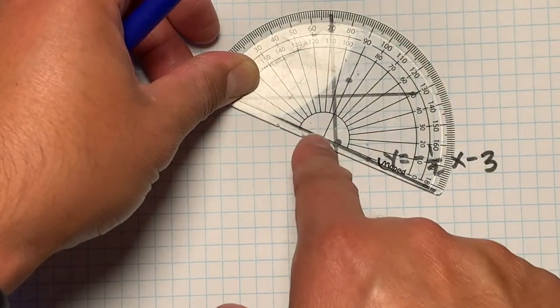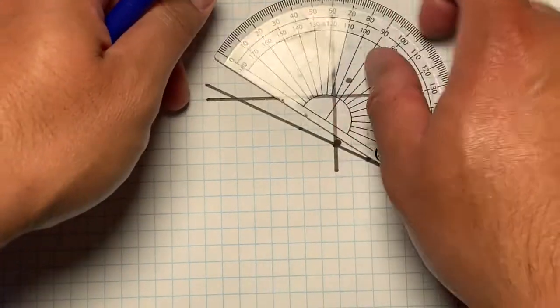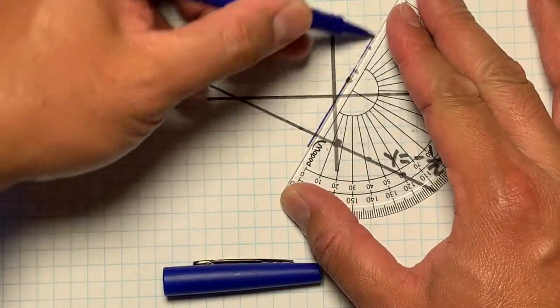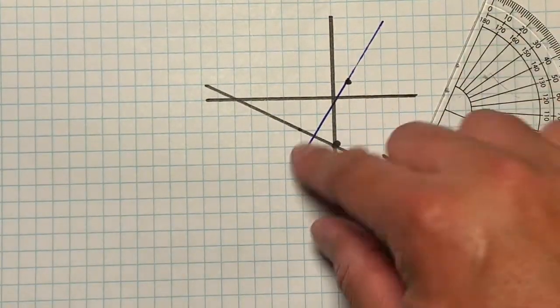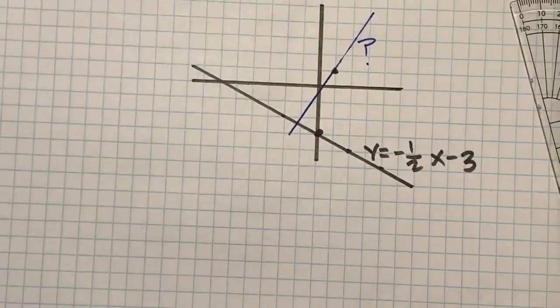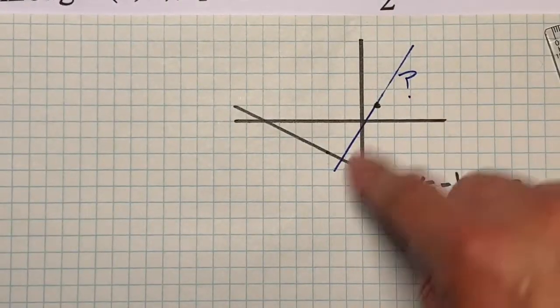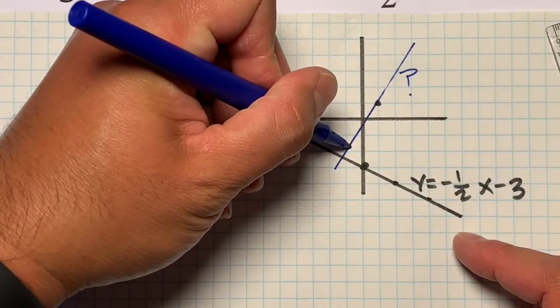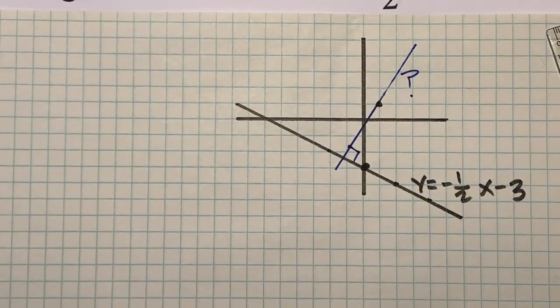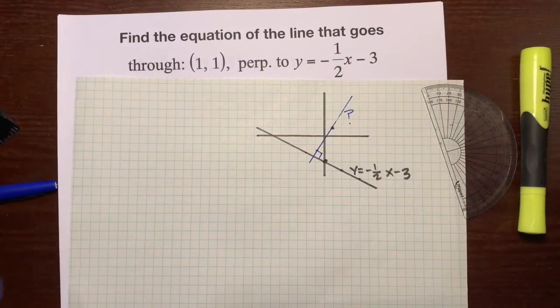We want to know the equation of this line, and I'll draw it with a blue pen, of this line that is perpendicular to this line. So what in the world is the equation of this line that would be perpendicular to this one and goes through 1, 1? So there's the situation, okay?